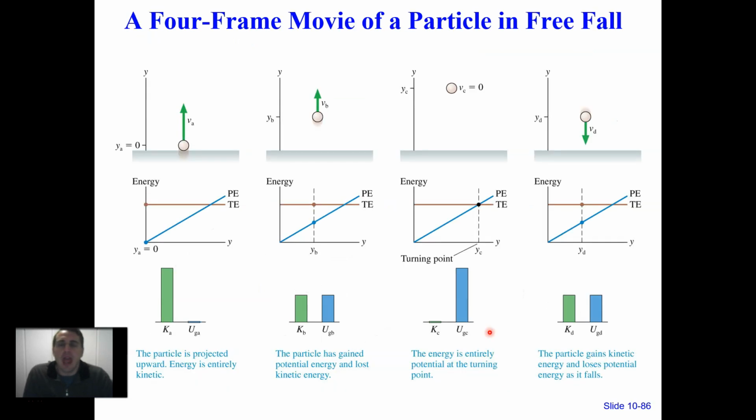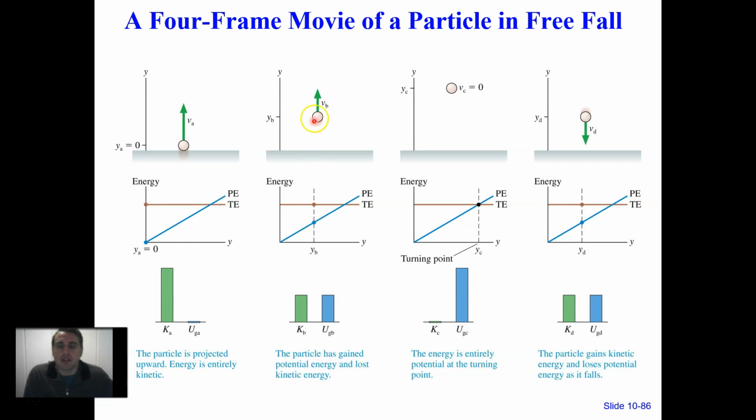Okay, and then finally, here is a 4-frame movie of a particle in free fall. Notice that this particle that's in free fall is going to conserve its mechanical energy. Notice that when we launch the ball, its velocity is largest, it's all kinetic energy, but its height is 0.